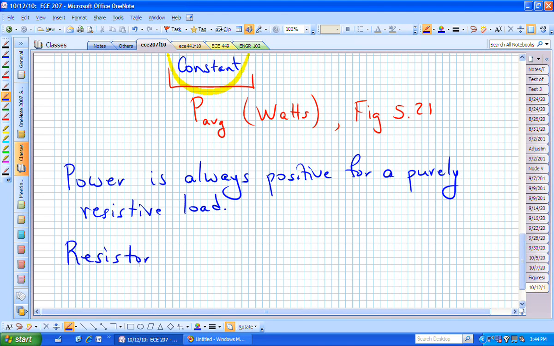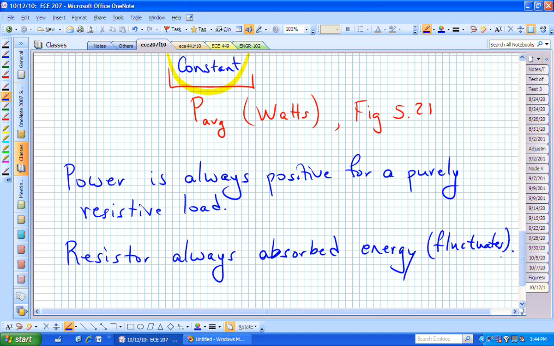This particular resistor, or any resistor, always absorbs energy. Now, that power is fluctuating, but if you integrated it over time, you get the area under that curve, which gives you the energy absorbed by that resistor.